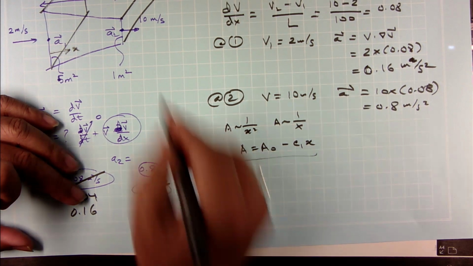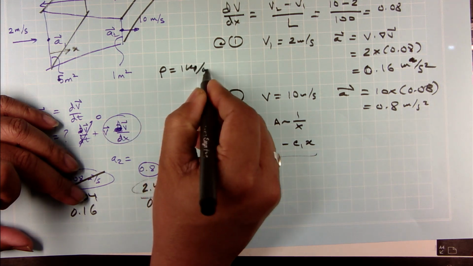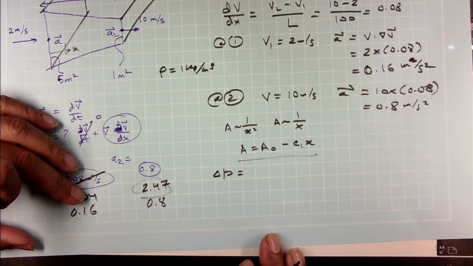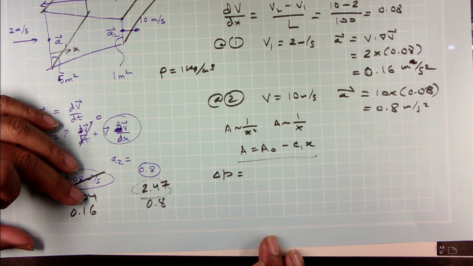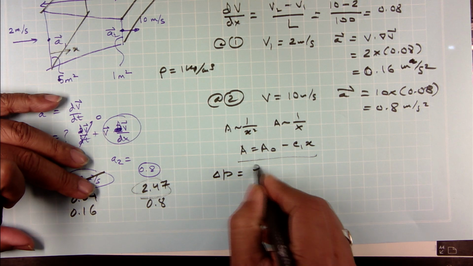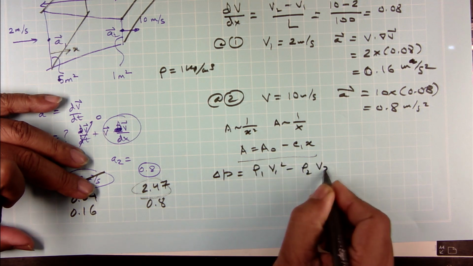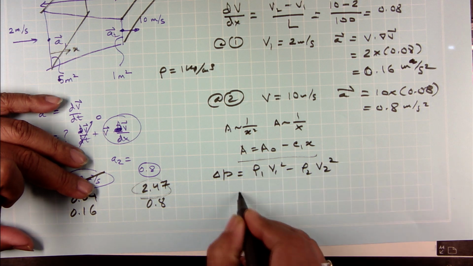Let's say this is air, for example. So you have 1 kilogram per meter cube. Rho 1. Okay. So rho 1 V1 square minus rho 2 V2 square. So how much does that come out to?